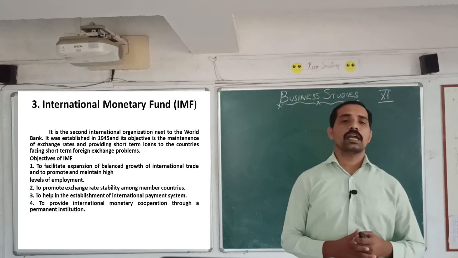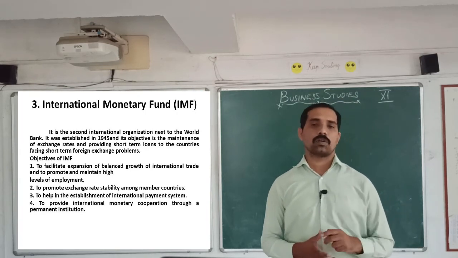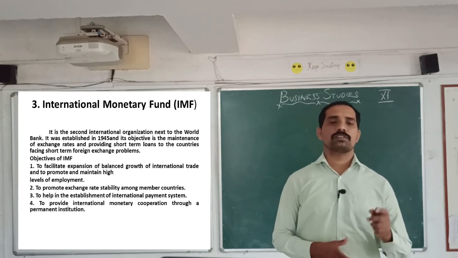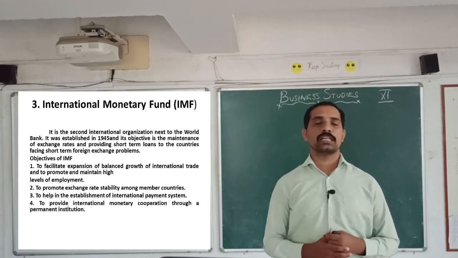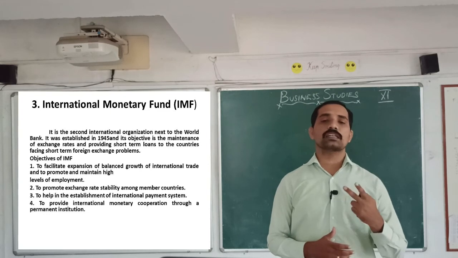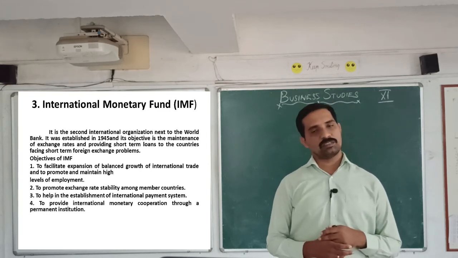And next one, International Monetary Fund, IMF. It is the second international organization next to the World Bank. It was established in 1945, and its objective is maintenance of exchange rates and providing short-term loans to countries facing short-term foreign exchange problems.